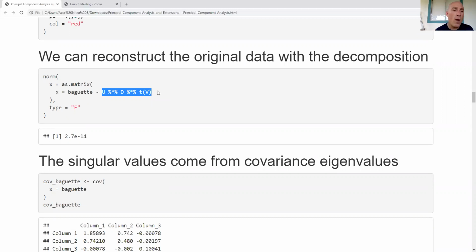So I'm going to apply the Frobenius norm just to prove to you that they're in fact equal to each other up to machine accuracy. The Frobenius norm squares every single value, adds all of it up, then takes the square root. It's similar to the 2 norm. So I'm taking the original data, the product of the factors, and subtracting.